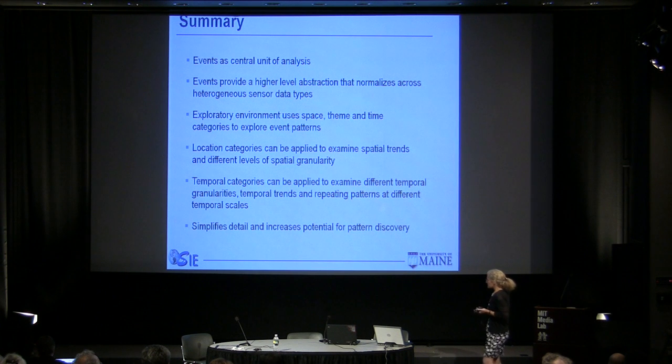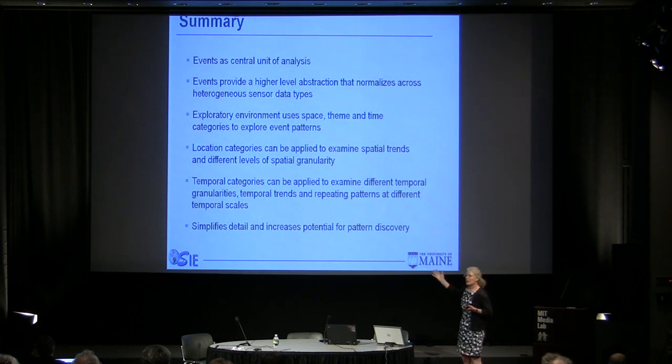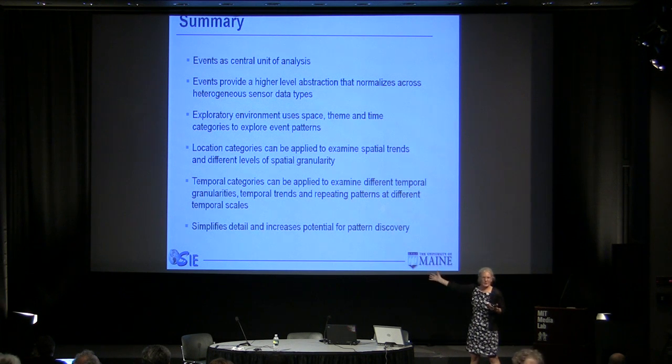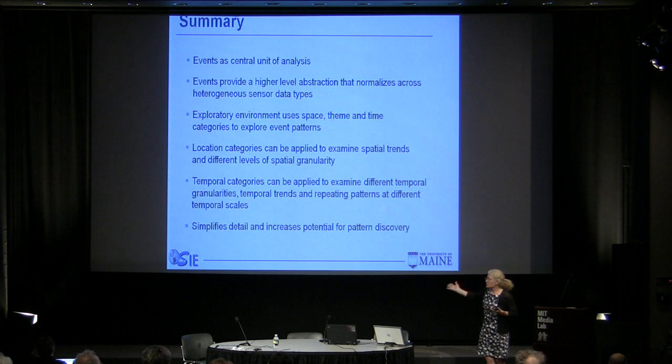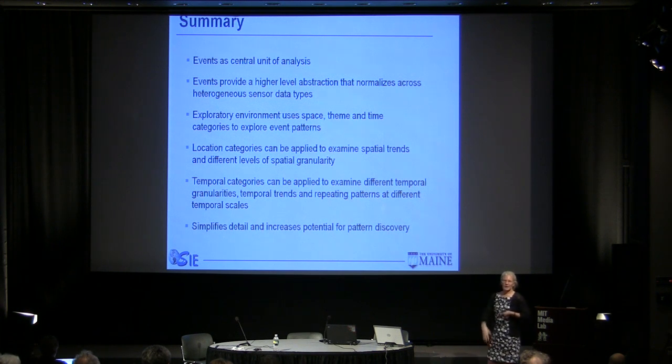So there are missing pieces here, because you might still need a map in order to get the spatial specificity of where these events are occurring. But I think the advantage is that you have a unified framework that simplifies some detail and increases the potential for pattern discovery by taking away some of that detail, and lets the pattern shine through.